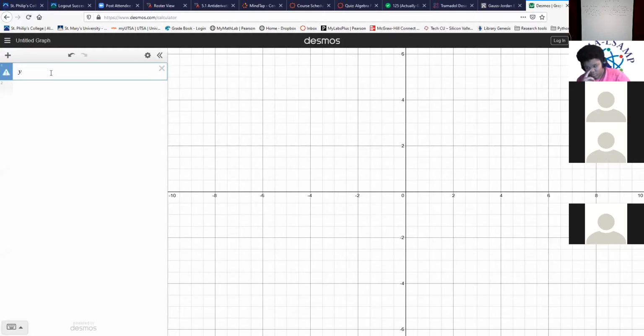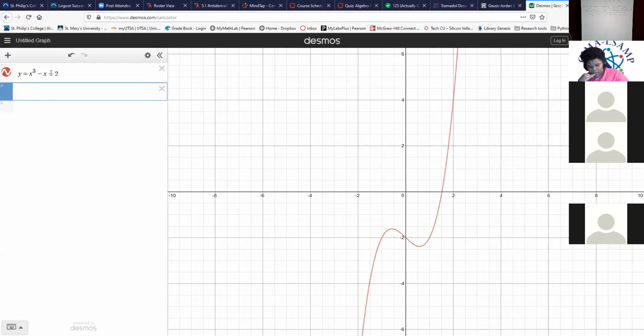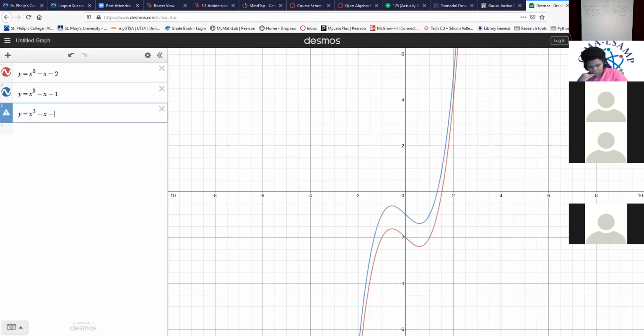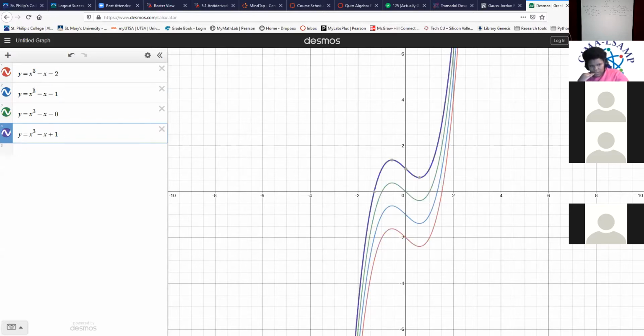Okay, so the original was this guy, right? We just don't know what the heck C was. So the one we found, given those conditions, was -2. Now, since it's a family, it could be 1, could be 0, could be +1.